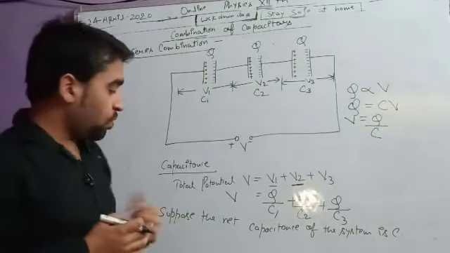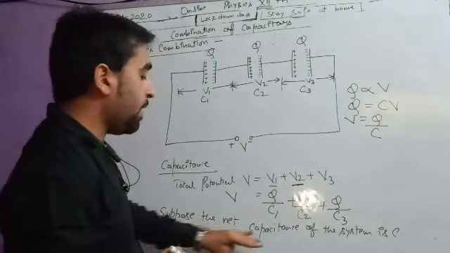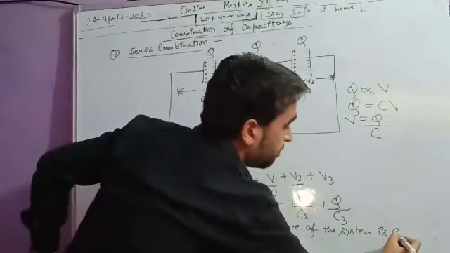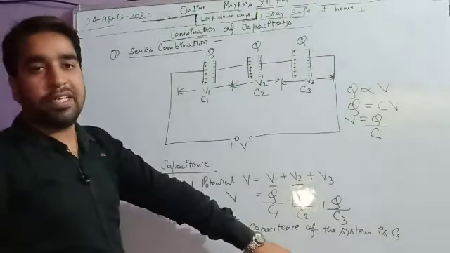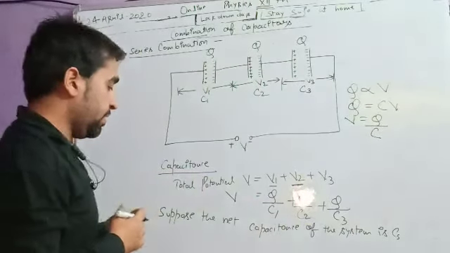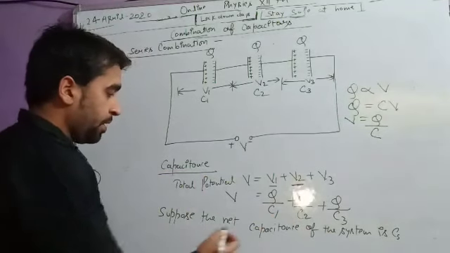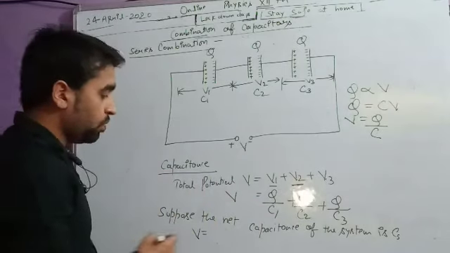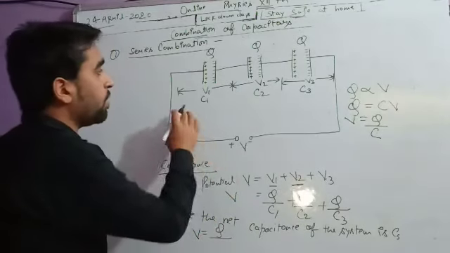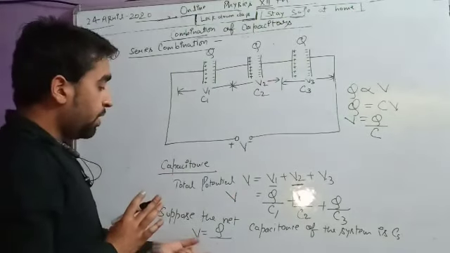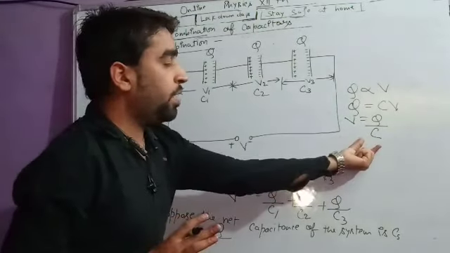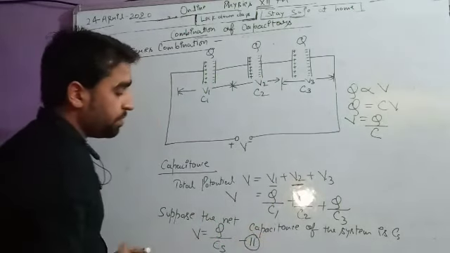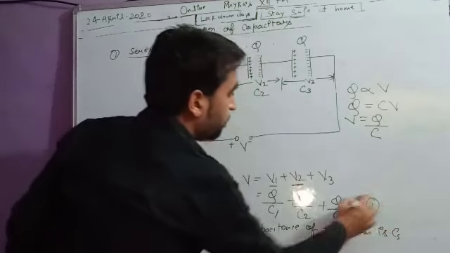I have assumed the net capacitance of the system as C, or we can call it CS, because we have arranged these capacitors in series. So V will be equal to the total charge Q divided by the total net capacitance CS. Suppose I call this equation 2 and the earlier one equation 1.